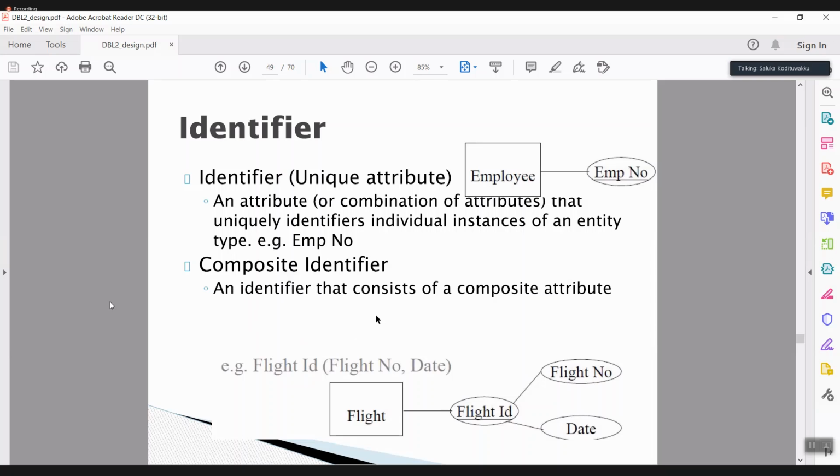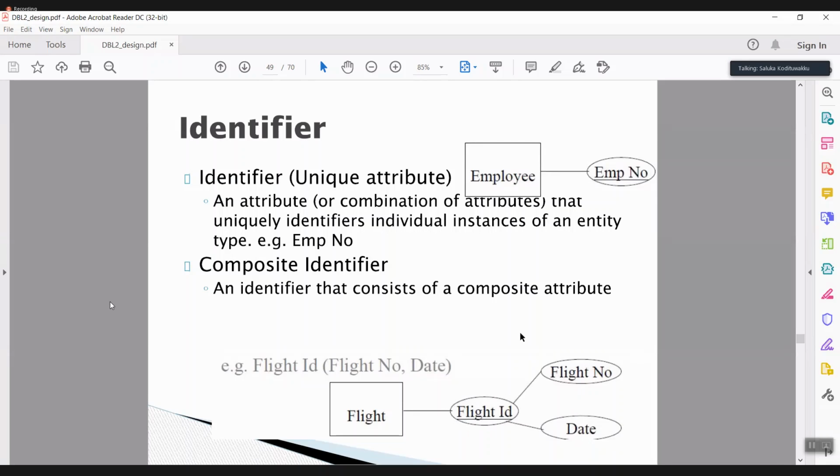And then the composite identifier. Here the flight ID is the identifier, but it is a composite attribute, and in that case the identifier is indicated by underlining the composite attribute, but the parts are not underlined.